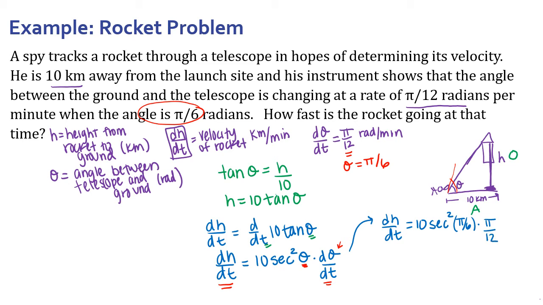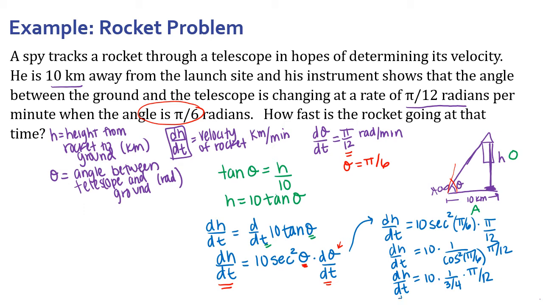All right, so secant squared is the same thing as 1 over the cosine squared of pi over 6, all still times pi over 12. So that gives me dH over dt equals 10 times 1 over 3/4 times pi over 12.